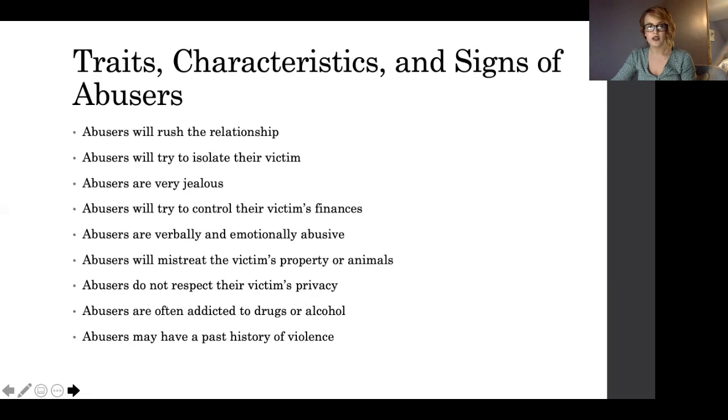The second trait, characteristic, or sign of an abuser is abusers will try to isolate their victim. Abusers will encourage the victim to distance themselves from their support system, such as their family or friends. The abuser may try to control access to the victim's phone, transportation, and social media.